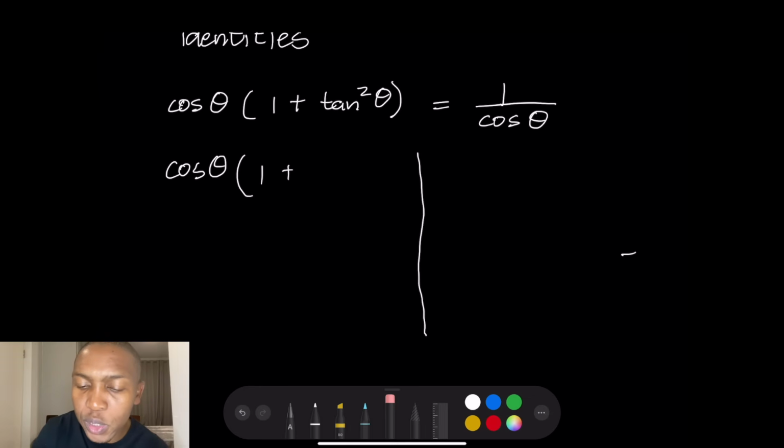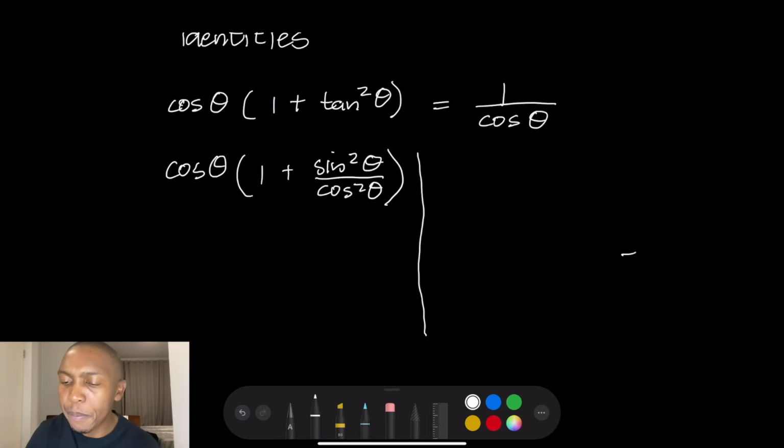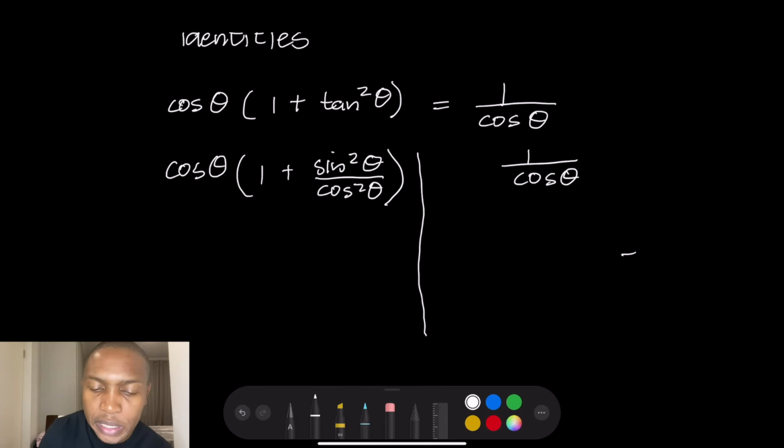Of course, I'm going to change it into sine squared of theta divided by cos squared of theta, right? I'm going to leave the right-hand side as is, so that's going to be 1 over cos of theta. Just leave it as is, right?